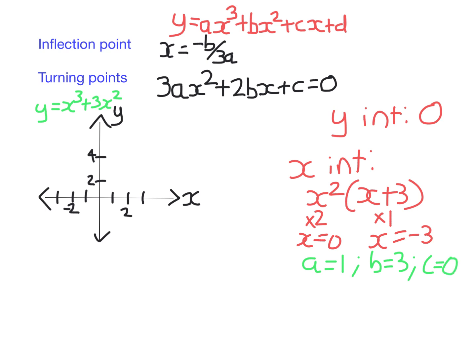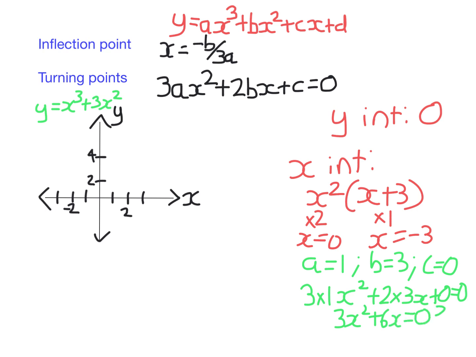In order to find the turning points, I want to solve 3ax squared plus 2bx plus c equals 0. We want to solve the equation 3x squared plus 6x equals 0. Again, of course, we can factorize.